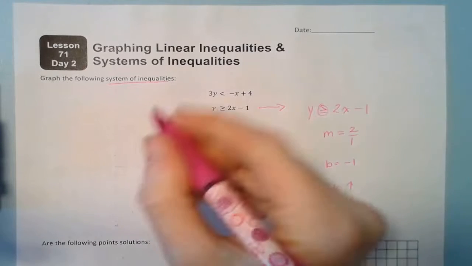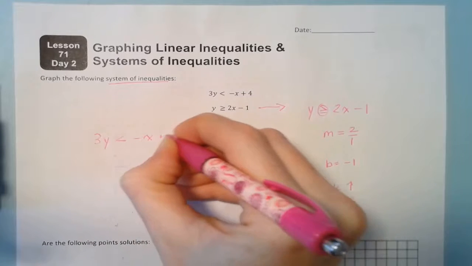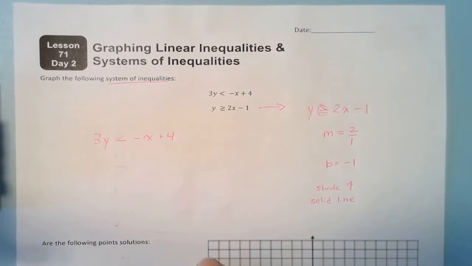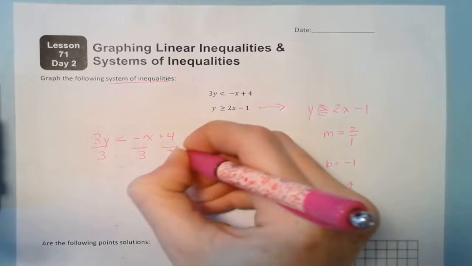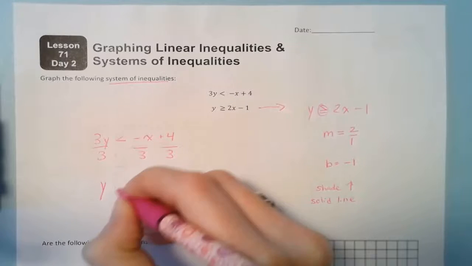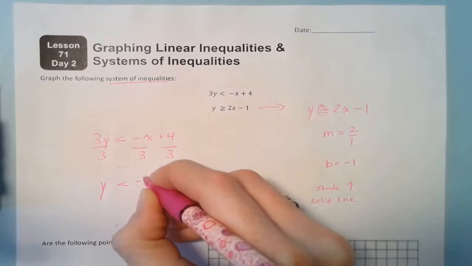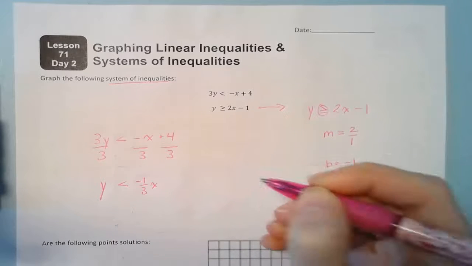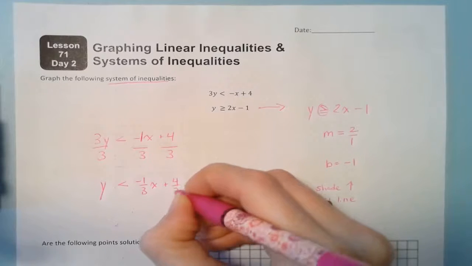Okay, moving over here, here's my other inequality. I just have to do one step to get my y by itself, which is divide everything by 3. Y is less than, I'm just going to put that 1 in the front to help me, especially when I'm writing my slope, 4/3.